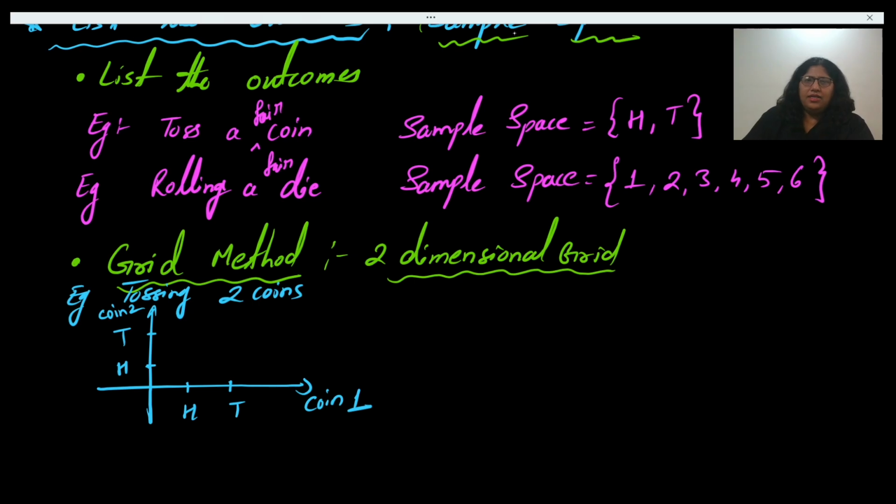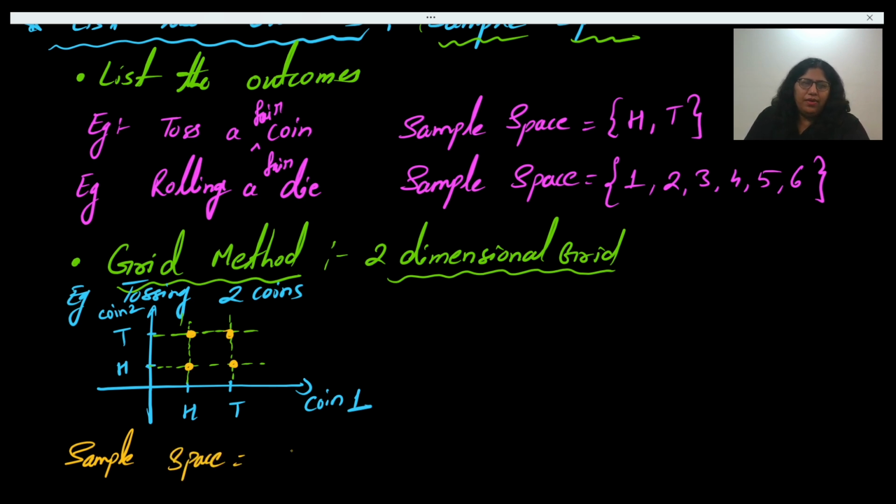Now, if I take grids like this, wherever the horizontal and vertical grid lines intersect, those are called the outcomes. We always take x comma y. So what are the possible outcomes?